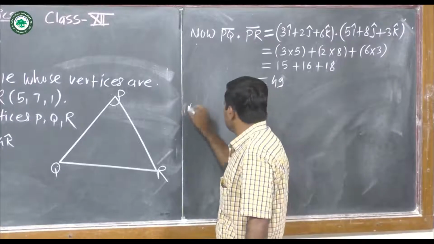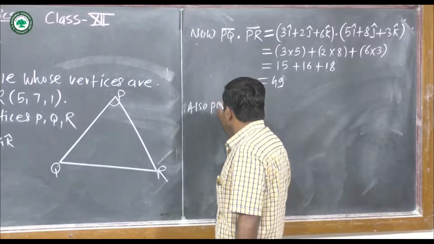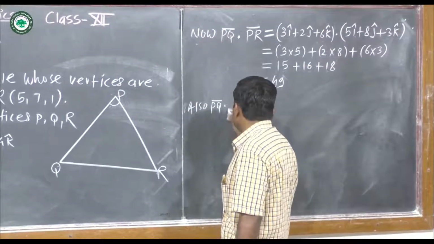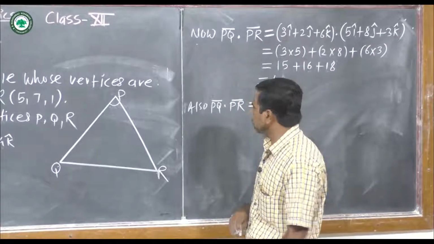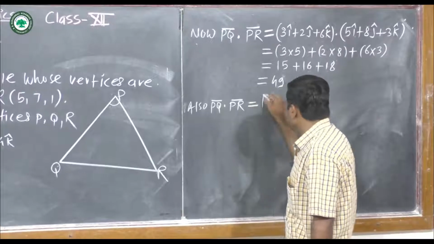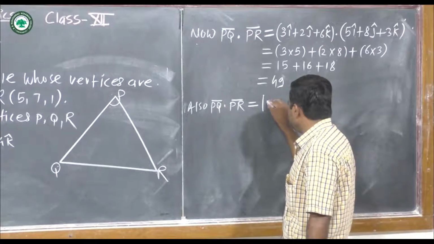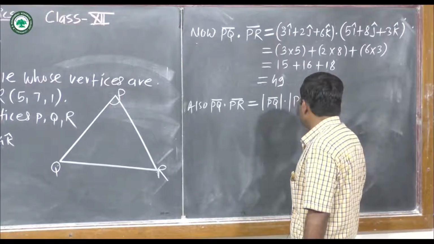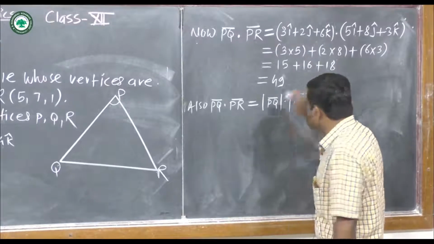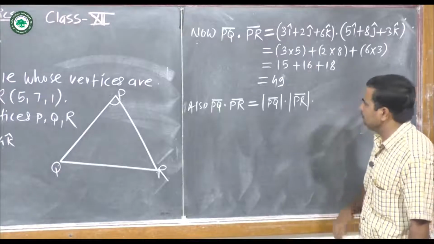Now PQ bar dot PR bar in the form of the definition of dot product can be written as PQ bar dot PR bar is equal to magnitude of vector PQ bar into magnitude of vector PR bar into cos of angle between them.